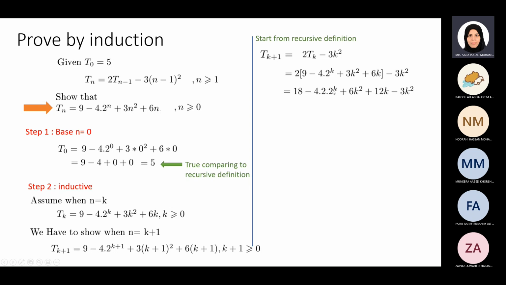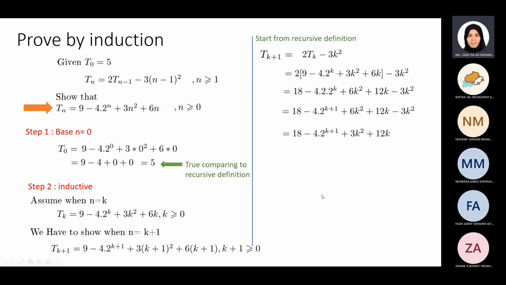And here we have the same base 2 and 2. They are multiplied, so I can add the powers. So I will get 4 times 2 to the power k plus 1. So I finish this term, and I get it already here. Here we have 6k squared and here minus 3k squared. So I will get 3k squared as a result.